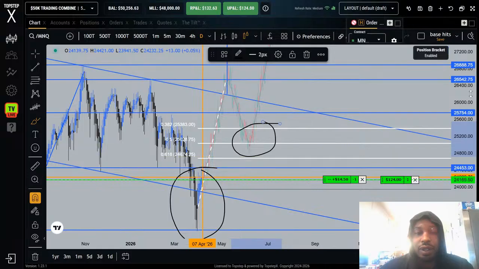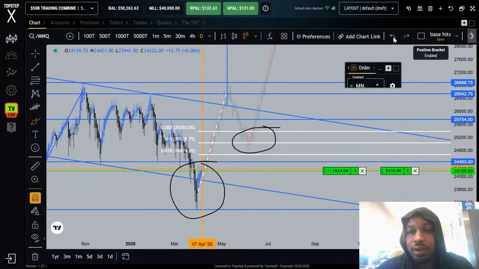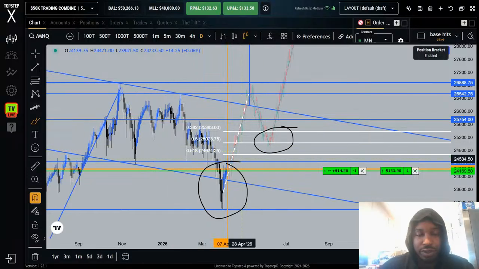I'd be looking to add another contract. But this is the daily, so this is just an example of my thought process and how I look for trades and manage trades.